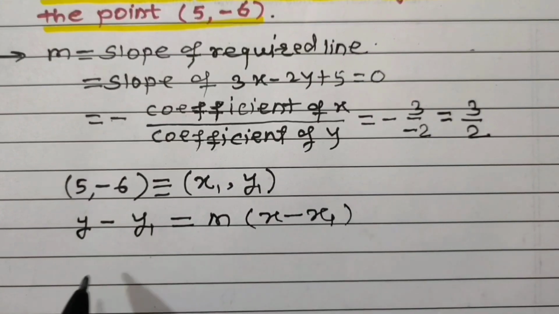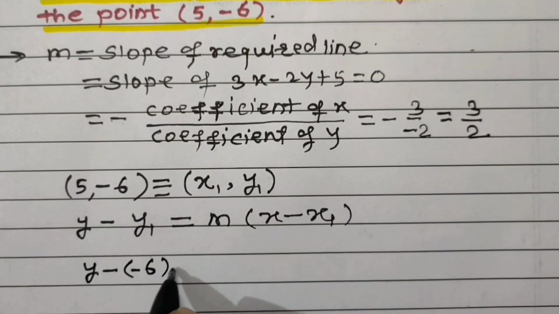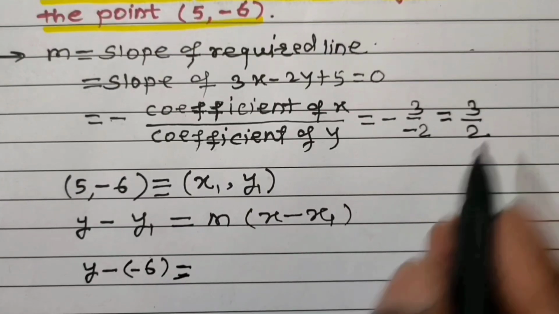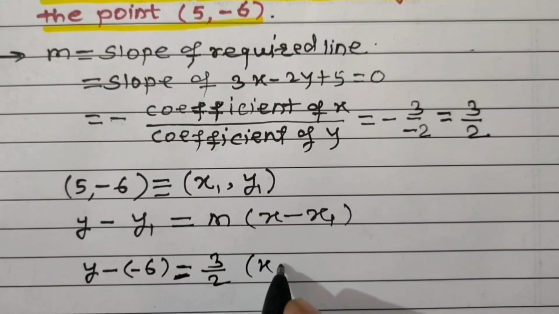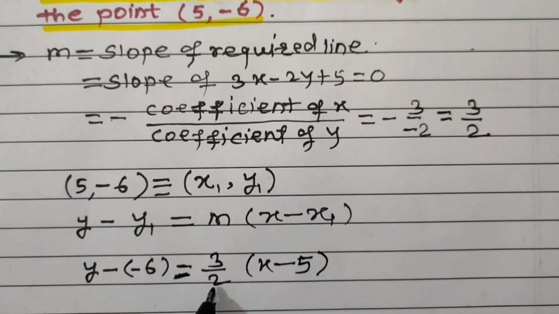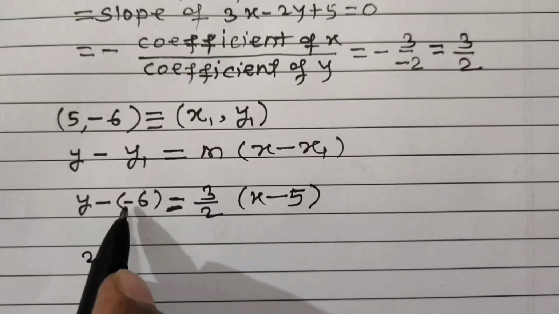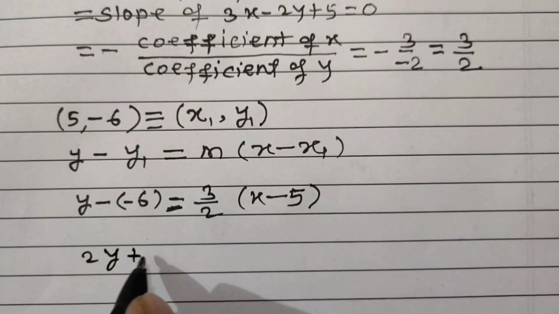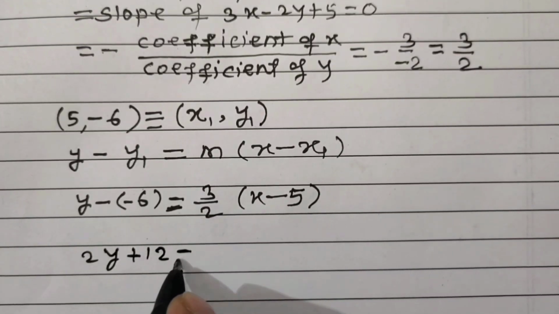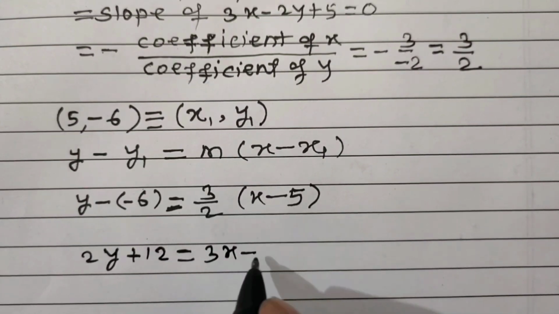Putting these values in, y minus y1, which is minus 6, is equal to m, which is 3 upon 2, into x minus x1, where x1 is 5. Simplify by taking cross multiplication: 2 into y, 2y minus minus plus 6, 6 into 2 is plus 12. This is equal to 3 into x, 3x minus 3 into 5, which is 15.